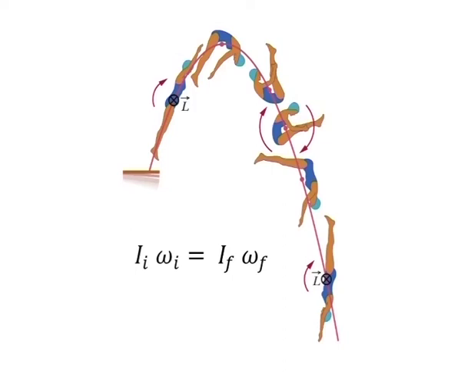Pulling out of the tuck position at the end of the dive increases her rotational inertia and thus slows her rotation rate, so she can enter the water with little splash. Even in a more complicated dive involving both twisting and somersaulting, the angular momentum of the diver must be conserved in both magnitude and direction throughout the dive.